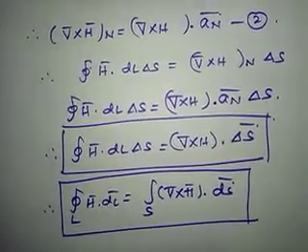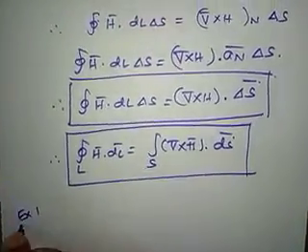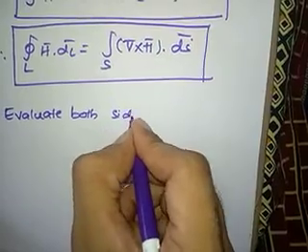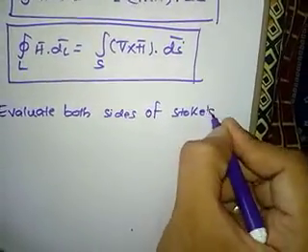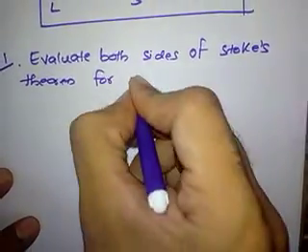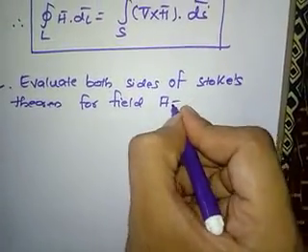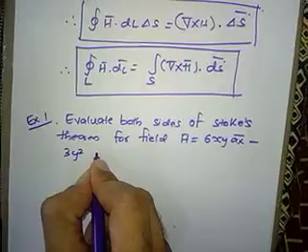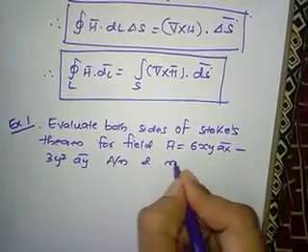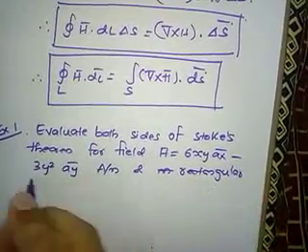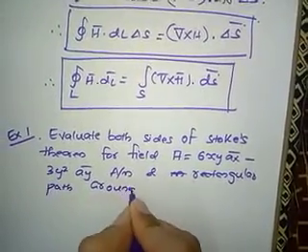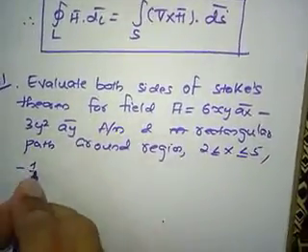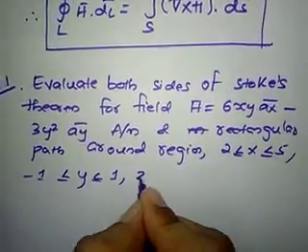Now let us solve one example on Stokes theorem. Example 1: Evaluate both sides of Stokes theorem for the field h bar equal to 6xy a x bar minus 3y square a y bar ampere per meter, and the rectangular path around the region 2 less than or equal to x less than or equal to 5, minus 1 less than or equal to y less than or equal to 1, z equal to 0.